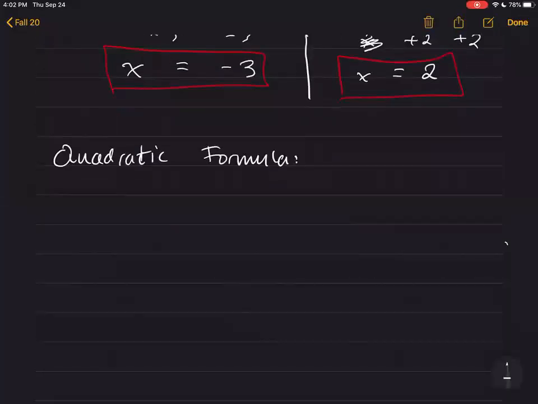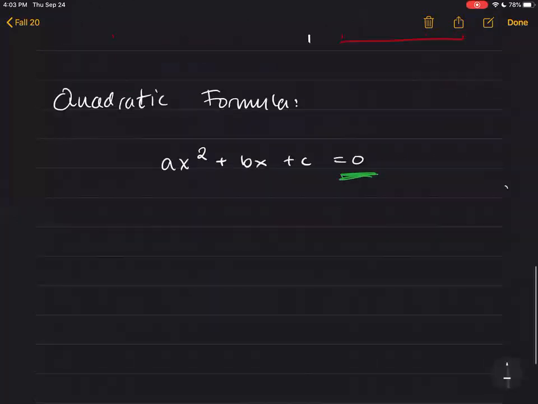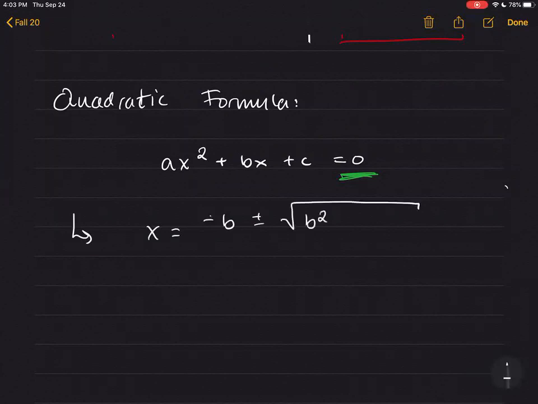If we have a quadratic like ax squared plus bx plus c equals 0 — now remember, this equals 0, that's important — then we know that x equals negative b plus or minus the square root of b squared minus 4ac, all over 2a, where a, b, and c are the coefficients.